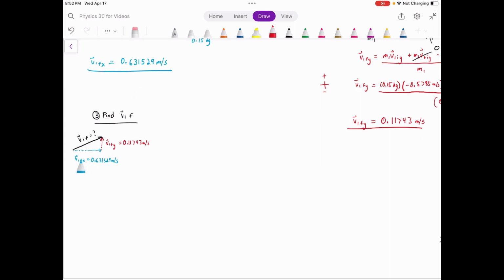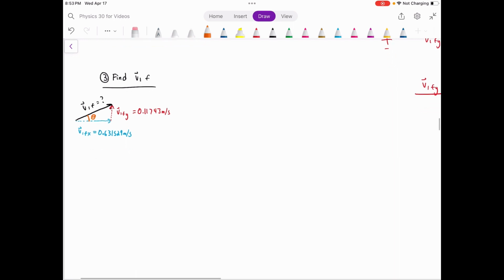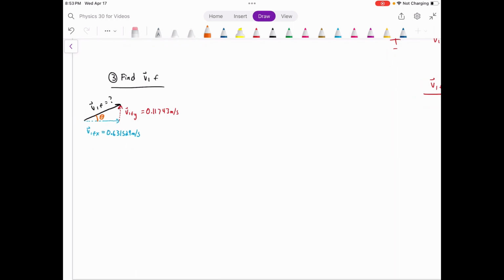We found that with conservation of momentum in the x-axis, and that its y component is this. We found that with conservation of momentum in the y-axis. So again, look, we know two sides of the right angle triangle, okay? We're going to be able to find the vector itself with the Pythagorean theorem. Don't forget, we're looking for a velocity too. Velocity is a vector, so we're also going to need to find the direction. But first, let's get the magnitude using the Pythagorean theorem.